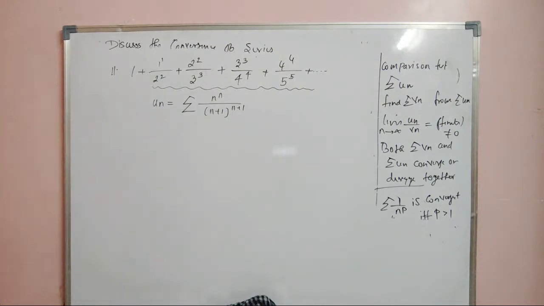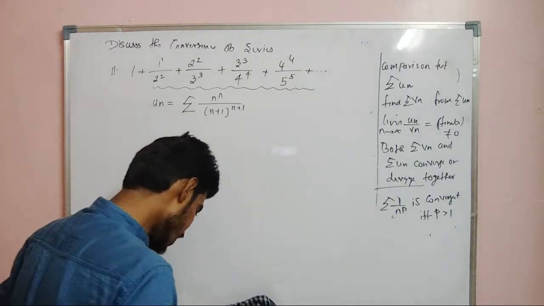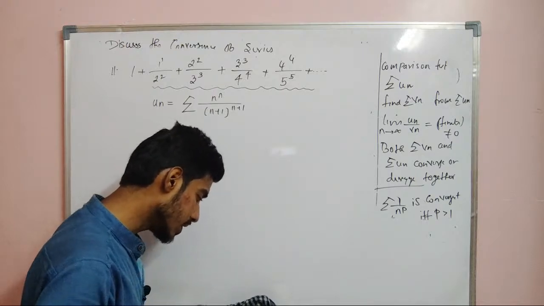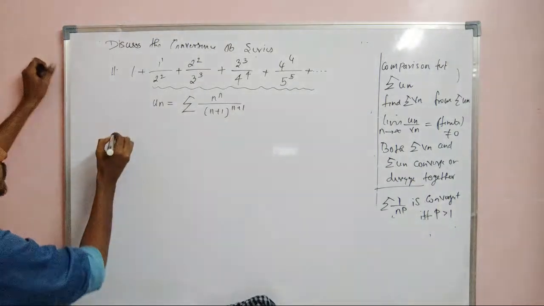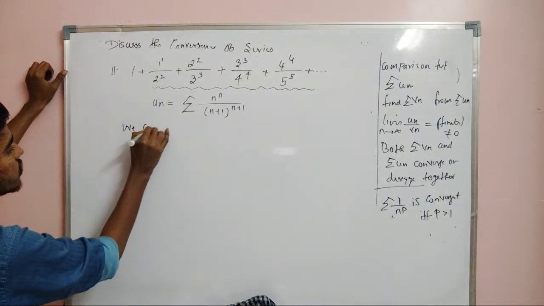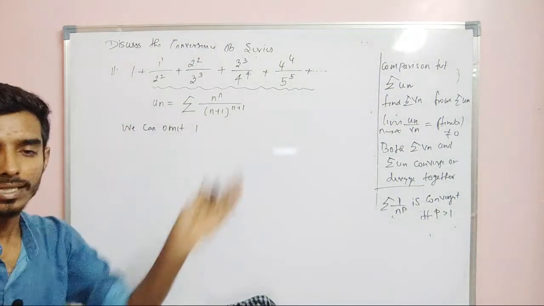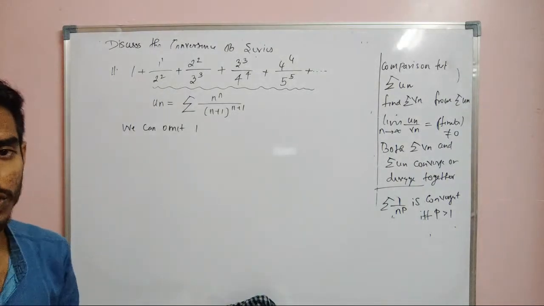You just omit 1. You can omit because, why? Leaving the first term, adding or deleting a finite number of terms does not alter the nature of series. We can omit 1. Actually we can also omit the first 100 terms. We can also omit the first 1 lakh terms. We can also omit the first 1 crore terms, right?